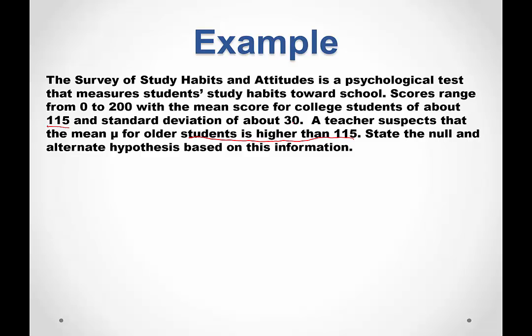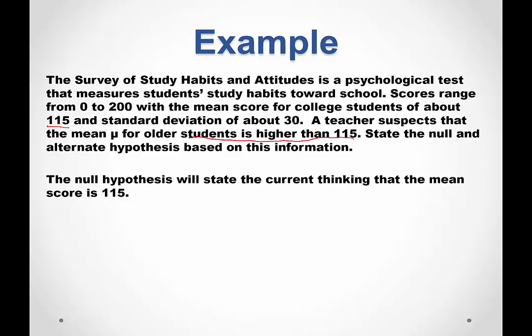And we have a standard deviation of about 30. The standard deviation will enter into our hypothesis test, but it does not enter into our hypothesis statement. So we have the null hypothesis, and that null hypothesis will state the current thinking. And the current thinking based on what we just looked at is that the mean is 115.